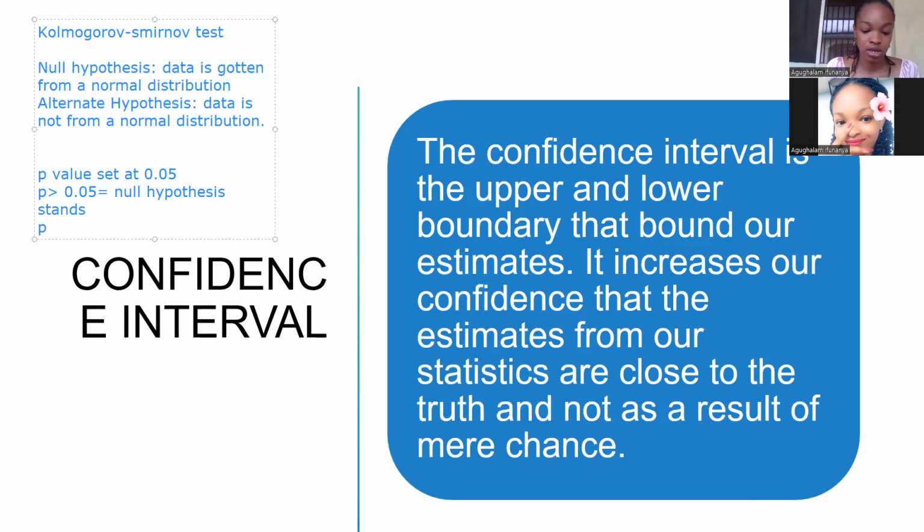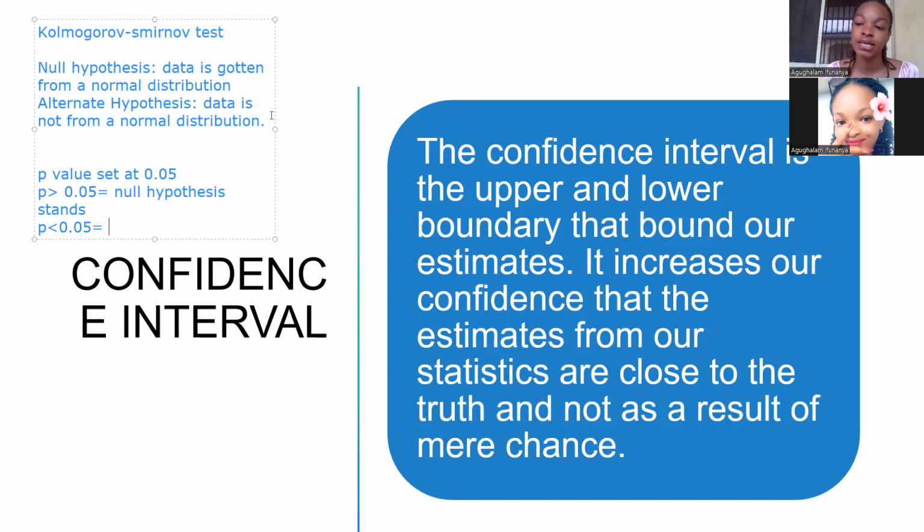Now, if P is less than 0.05, it means that there are large deviations away from a normal distribution. And since there are large deviations, there is a less likely probability that our sample was drawn from a normal distribution.